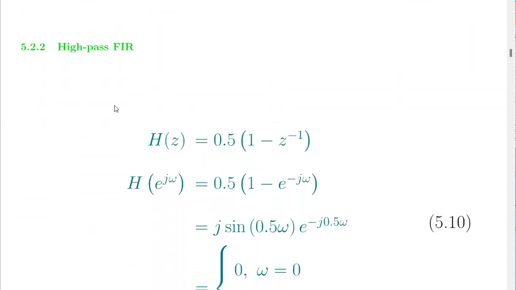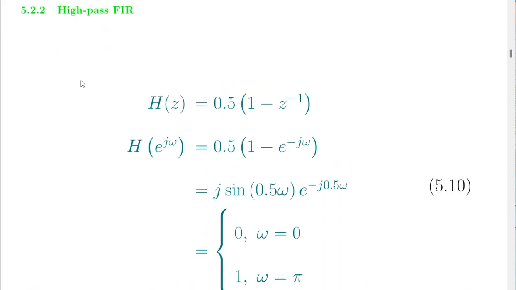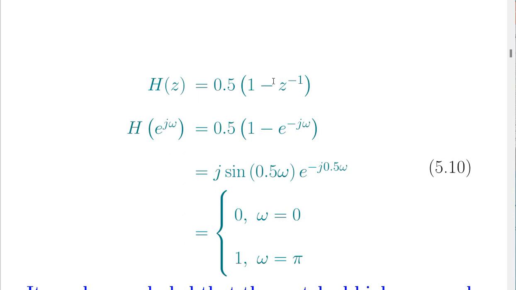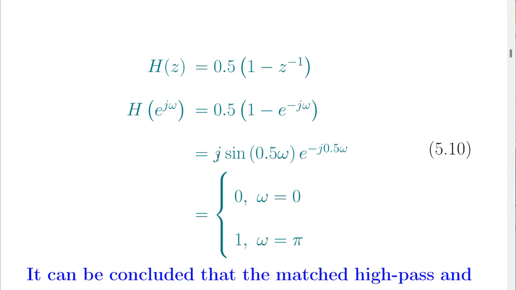Now, high-pass filter. Simple ideas about high-pass FIR. You see here, similar to low-pass but with a minus. So, H of z is equal to 0.5 times 1 minus z minus 1, and the frequency response leads to 0 for the lower frequency, but 1 for the higher frequency.